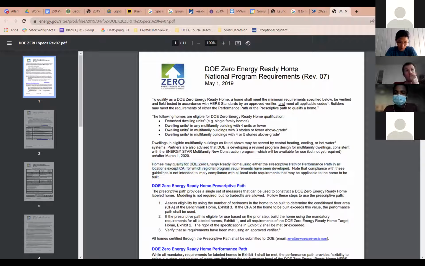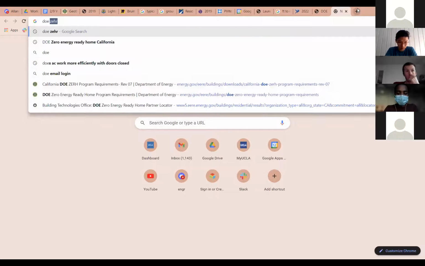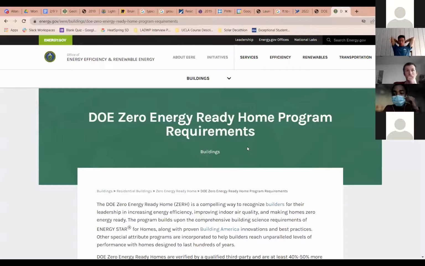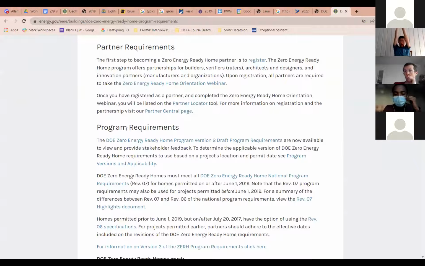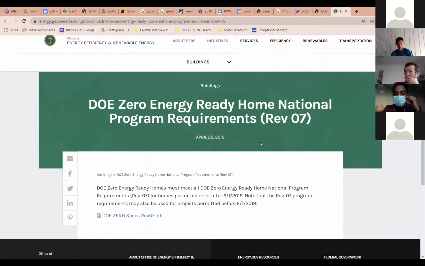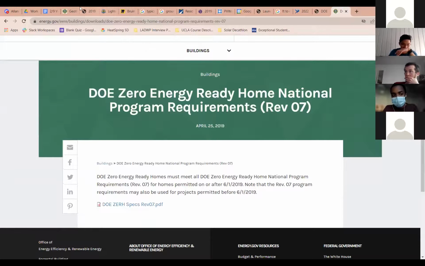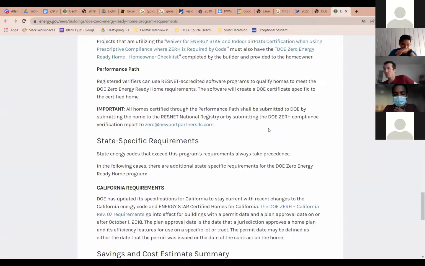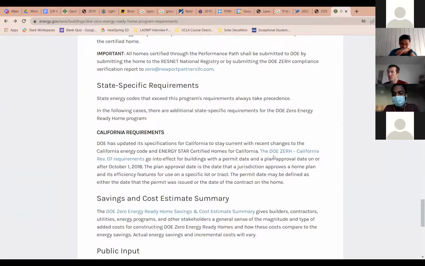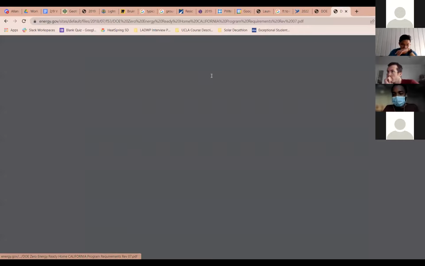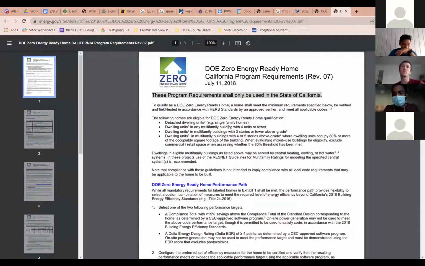If you look up DOE Zero Energy Ready Homes and scroll down to the program requirements, revision 07, what you just saw is linked here. This PDF is the same link I showed you. But if you scroll down to state-specific requirements, California has its own. If you open this PDF, there are California-specific program requirements, right?